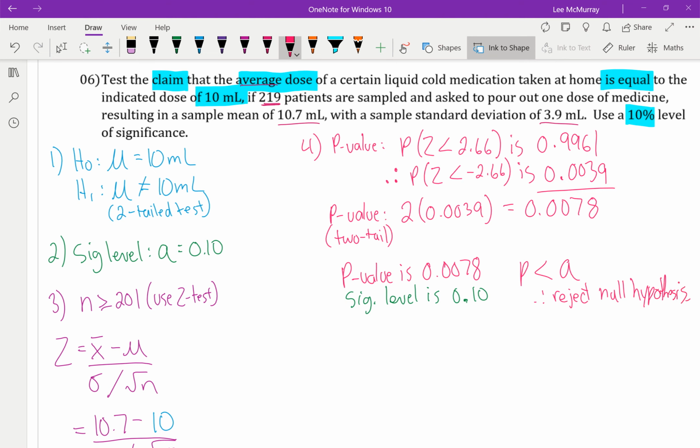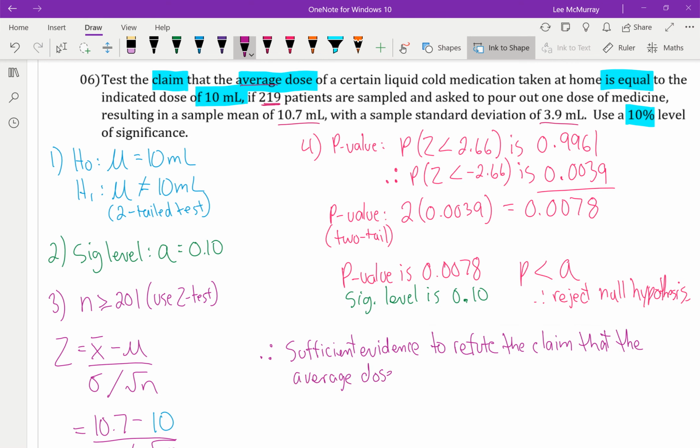Okay, and then let's just put that into a summarizing statement. So therefore, because we rejected the null hypothesis, we can say that there's sufficient evidence to refute the claim that the average dose is 10 mils.